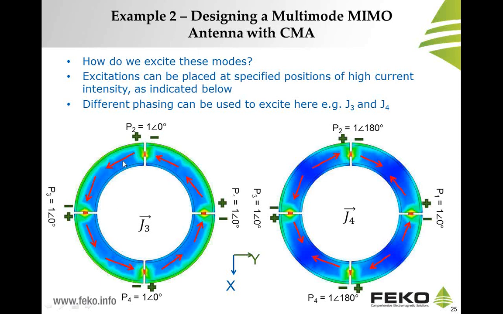But we can then also get the correct current direction by applying the correct phasing. On the left-hand side here, I show how we can simulate this inductive mode if we phased or excited the structure in this way. On a similar basis, we can also excite a higher order mode, J4, by exciting the structure in this manner, where the phases have now changed.